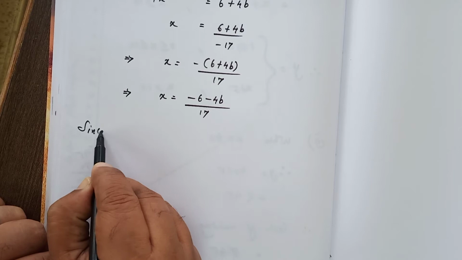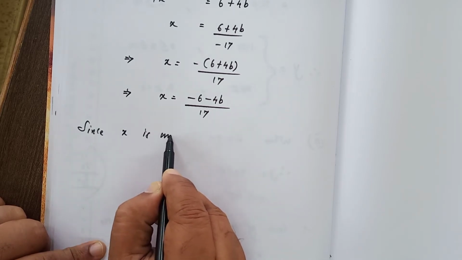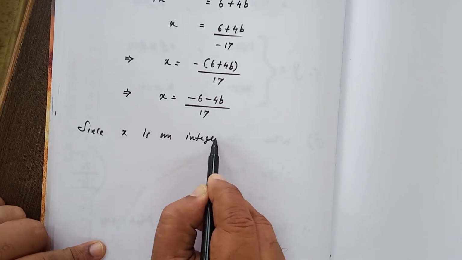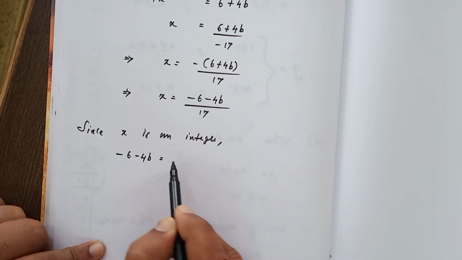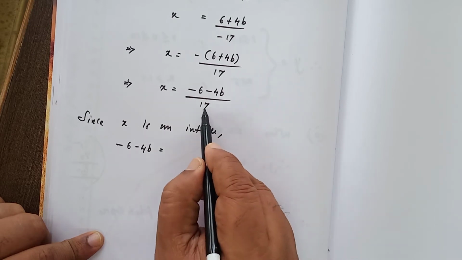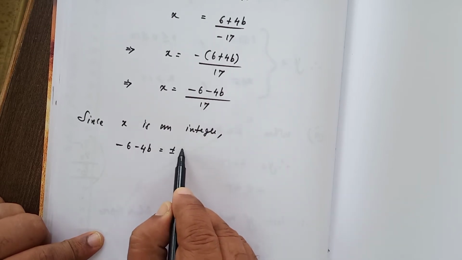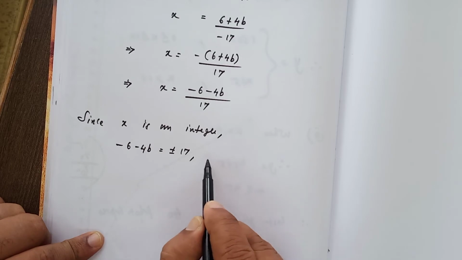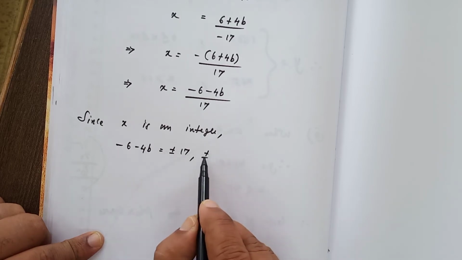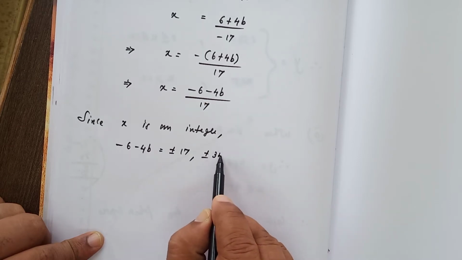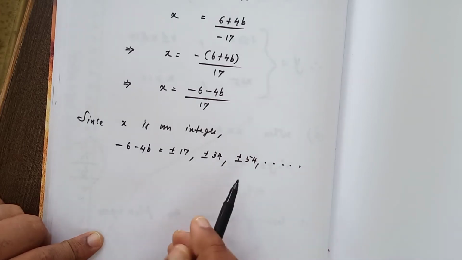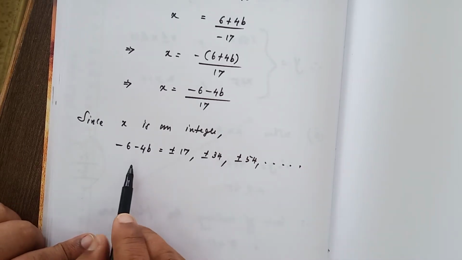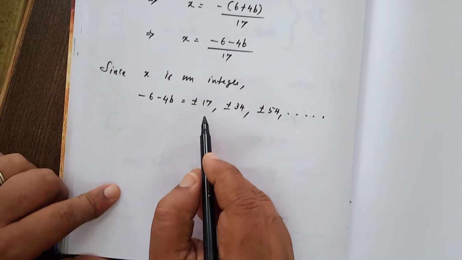Since x is an integer, the numerator minus 6 minus 4b equals, since 17 is the denominator, plus or minus 17, or you have to take a multiple of 17. 17 ones are 17, 17 twos are 34, 17 threes are 51, etc. Okay. Now I take plus or minus 17.